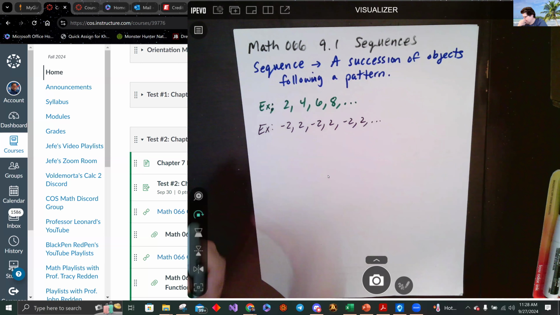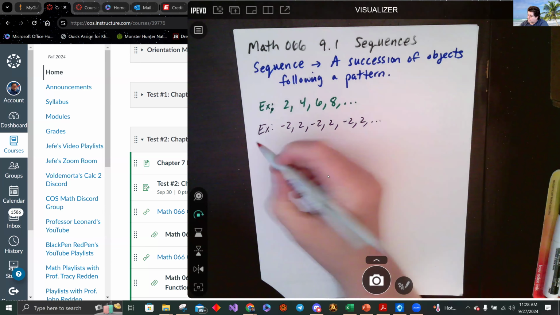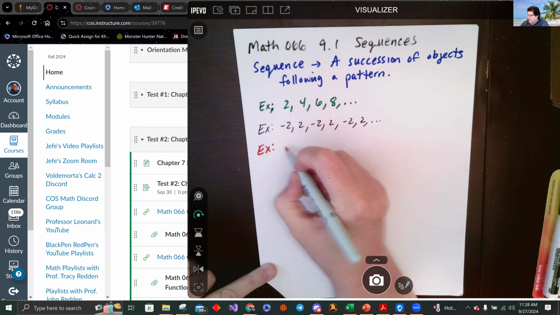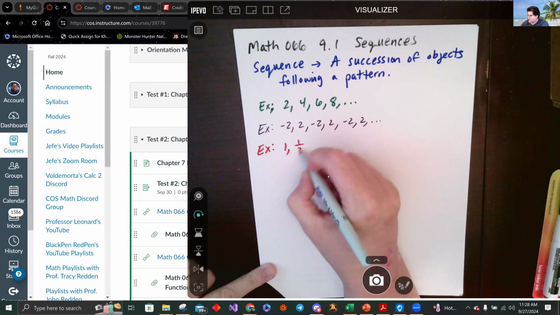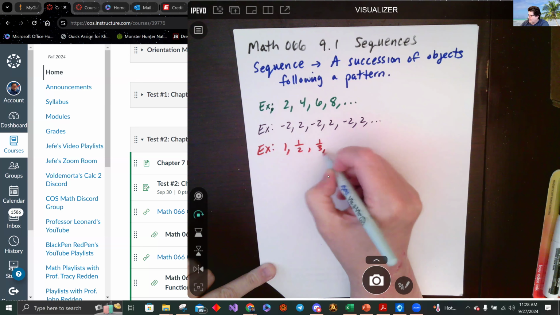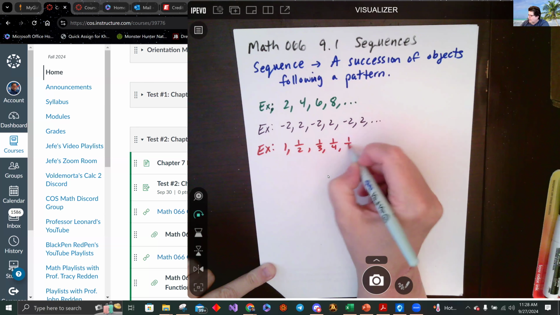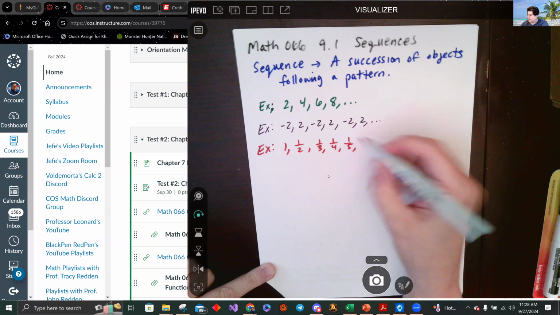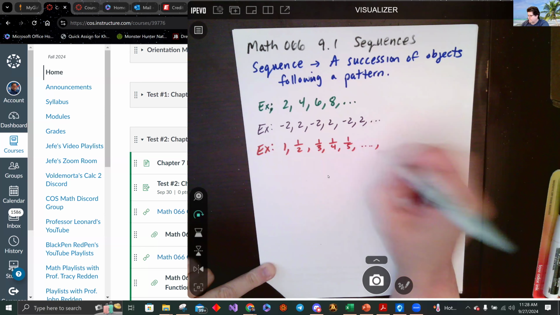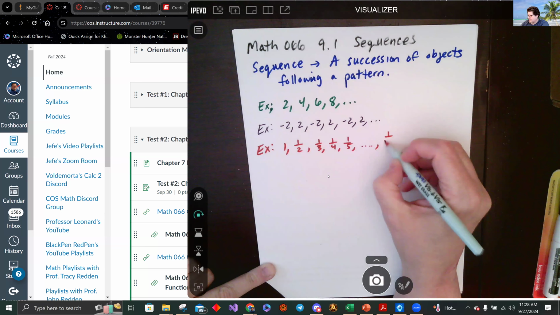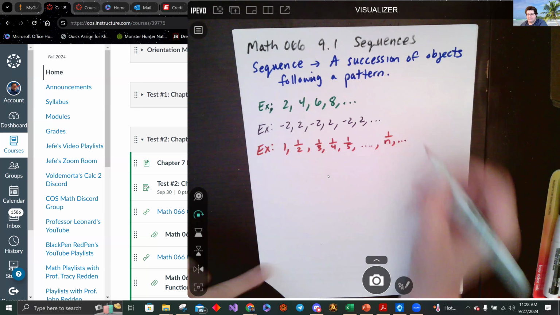Or we can have something even simpler: 1, 1/2, 1/3, 1/4, 1/5, up to keep going to like 1/n.